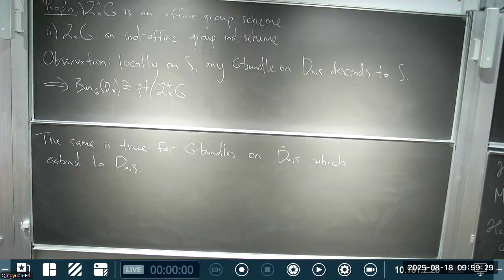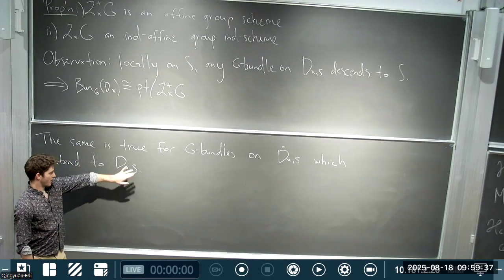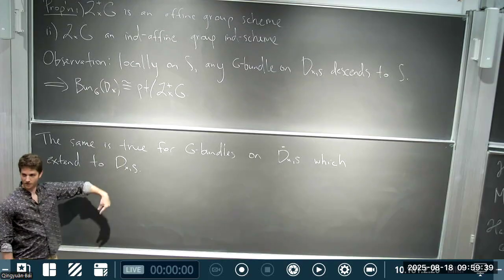Technically, in general, there are some G bundles that don't extend, and you don't want to think about this, trust me. So you only consider the ones that extend, and then tautologically, if they extend, then they descend locally on S.